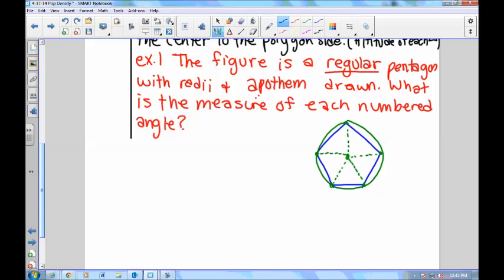Okay, here's my apothem. Remember, apothem goes from the center, perpendicular to an edge of the original polygon, not the circle. And here are the angles. Angle 1, angle 2, and this angle right here is angle 3.